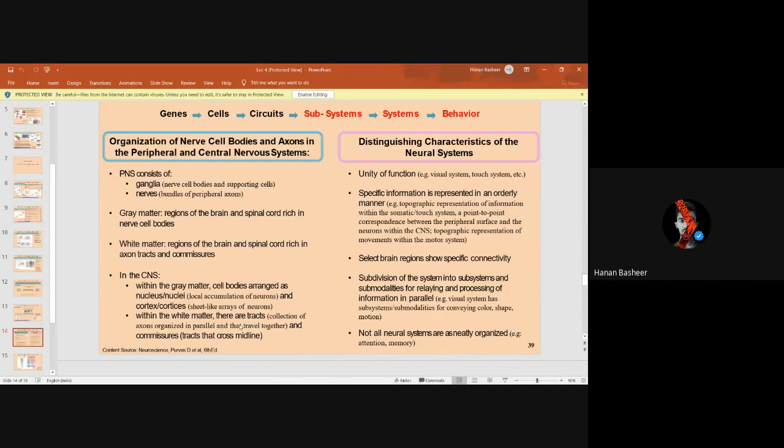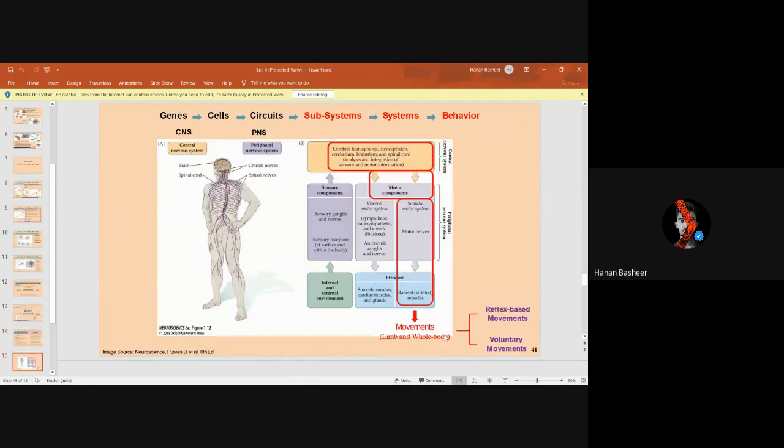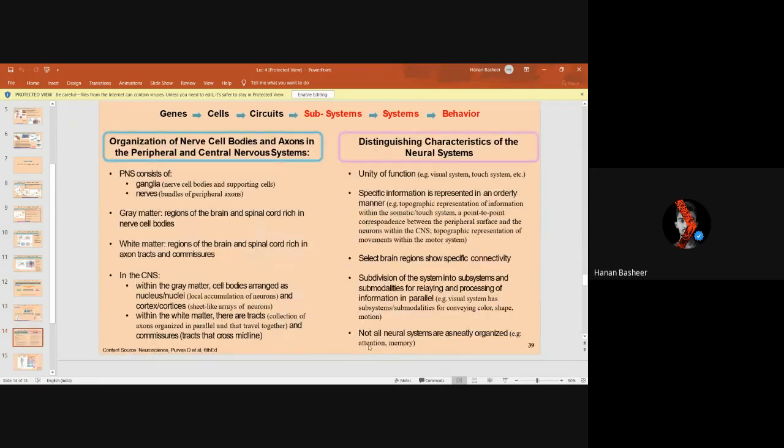Within the white matter, there are tracts, collections of axons, and commissures. Then the characteristics of the neural system: unity of function, and specification of information represented in an orderly manner. Select brain regions show specific connectivity, with systems divided into subdivisions and submodalities, and not all neural systems are neatly organized. An example is attention and memory.